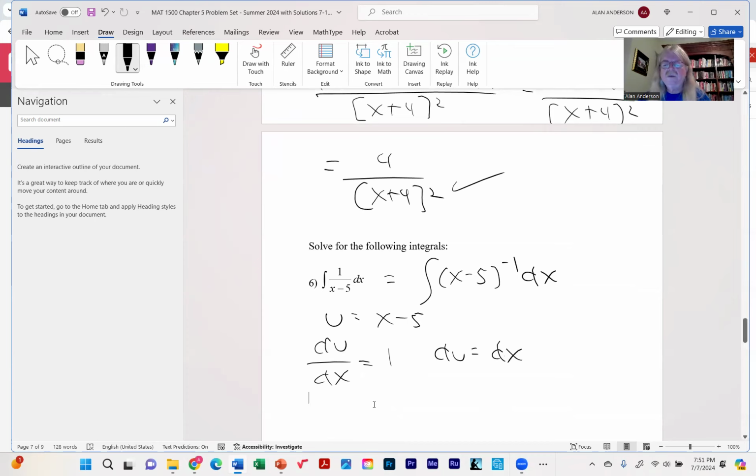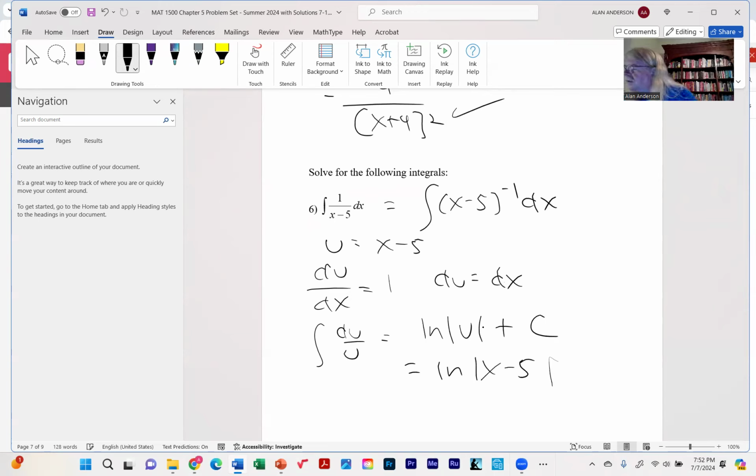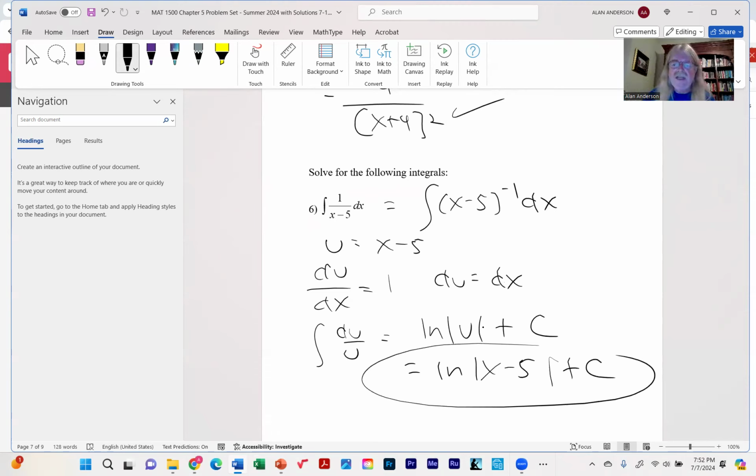So yeah, we could do it with direct u substitution. And if we do, we have du over u. And that means we have log u absolute, don't forget the absolute value. And we're all set. And also, of course, don't forget the c, because this is an indefinite integral.